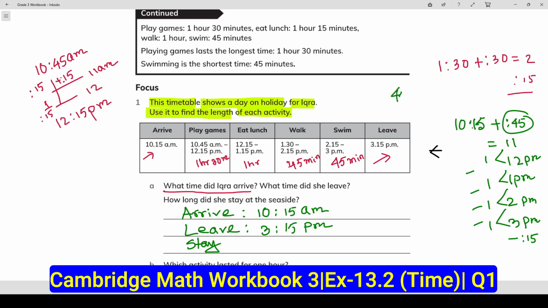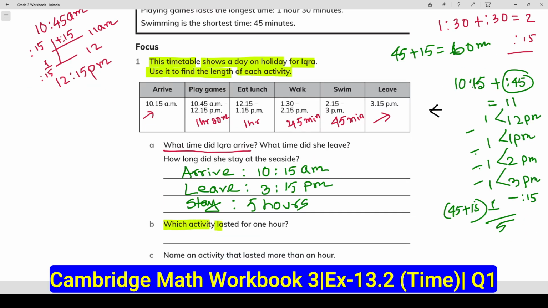So 45 minutes plus 15 minutes, it's another 1 hour. 60 minutes means 1 hour. So total 5 hours. Stay 5 hours.